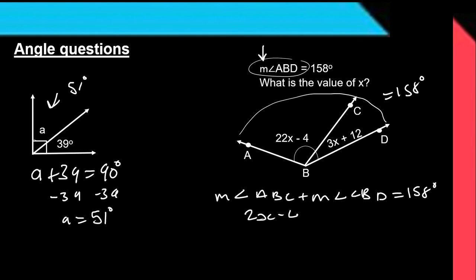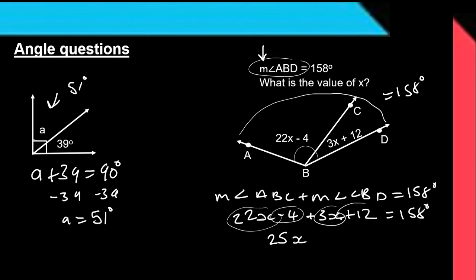So 22x, sorry, minus 4 plus 3x plus 12 equals 158 degrees. Then if I simplify my expression, I'm going to have 25x, and minus 4 plus 12 is going to give me plus 8, equals 158 degrees.